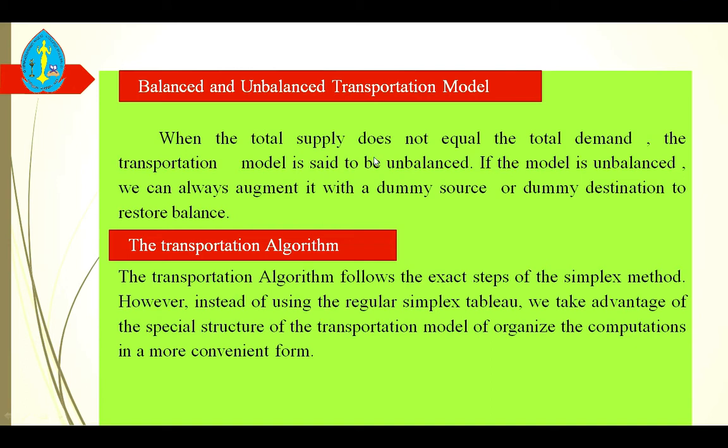That is, always check whether the total demand and total supply are equal or not. If not equal, then the model should be balanced by introducing a dummy source or dummy destination.